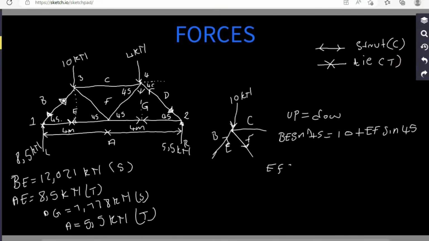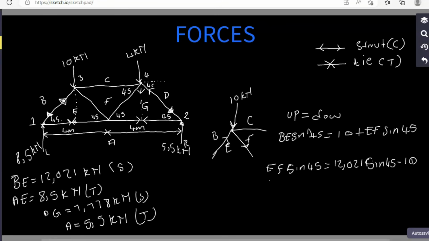EF sine 45 is equal to PE, and our PE is 12.021 sine 45 minus 10.